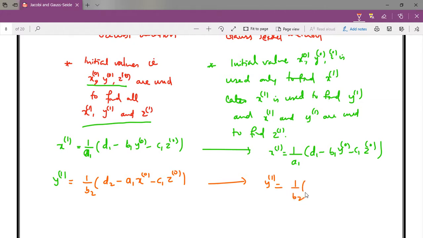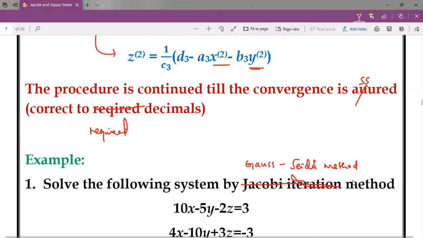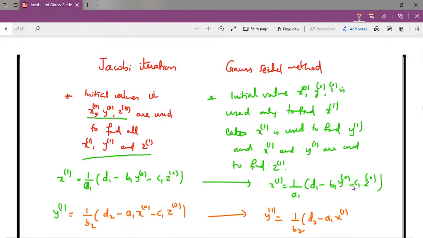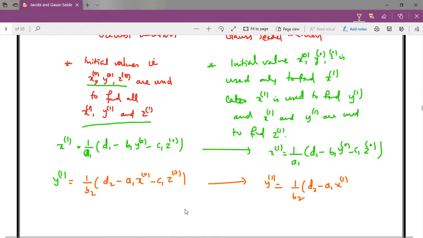So 1 by b2 into d2 minus a2 x1 we are going to use, and c2. So here it is not a1, it is a2 and c2. So a2 x1 we are using, minus c2 z0.